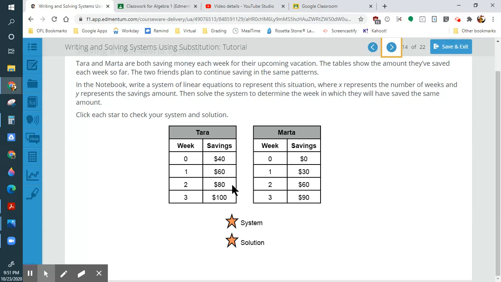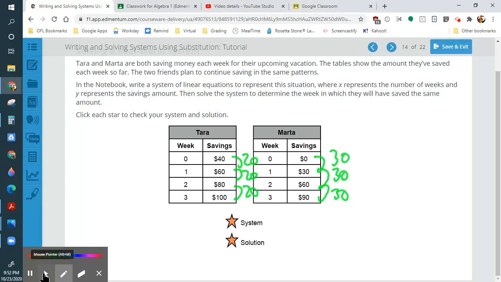And then later on, we haven't gotten to that point yet. Eventually, Tara keeps getting $20, right? But Martha's getting $30. So that means at some point, Martha is going to get a little bit more than Tara.